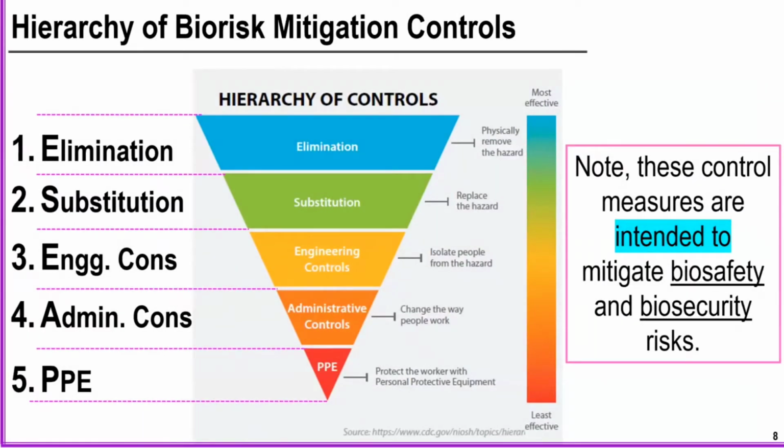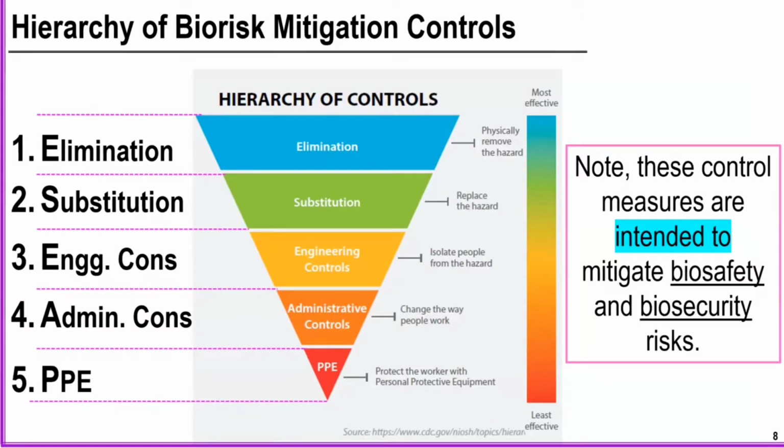Based on the robust risk assessment, a suitable control measure or set of control measures can be used to mitigate the biological risks. I'm sure some of you may be familiar with this hierarchy of biorisk mitigation controls. Based on the nature of the risk, you can use the appropriate control measures.